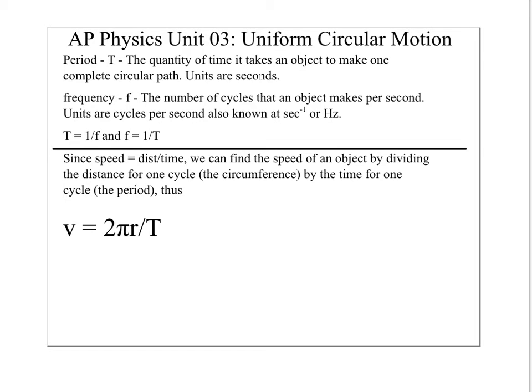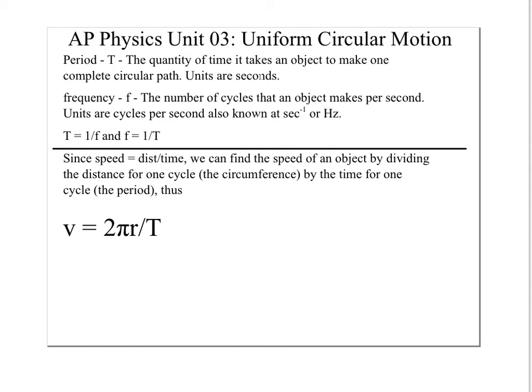We will use this a lot more later on in the year. It's not as applicable here. We prefer to use the period. The period is much more valuable. So if you are given a frequency, a number of cycles per second, just flip it over, put 1 over that number, and that gets you the period.